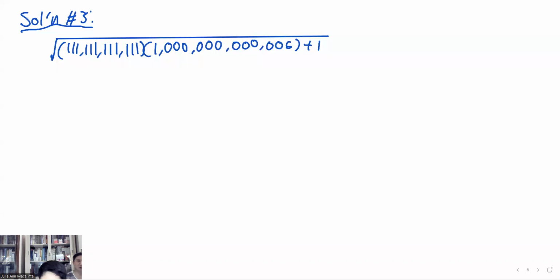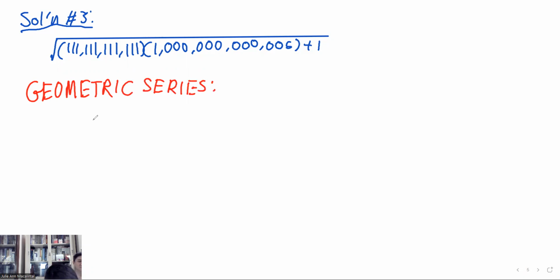Can you show our viewers first what will be the formula for the geometric series? Where R is the common ratio.